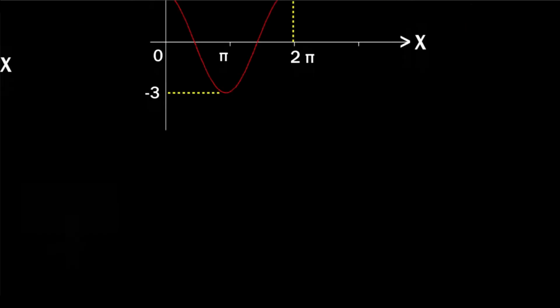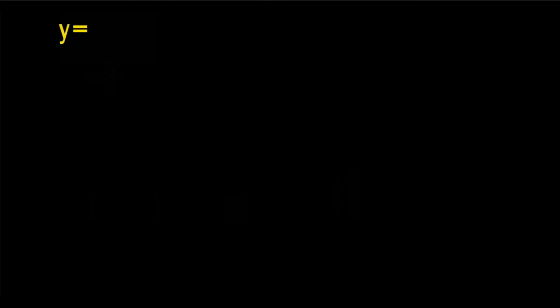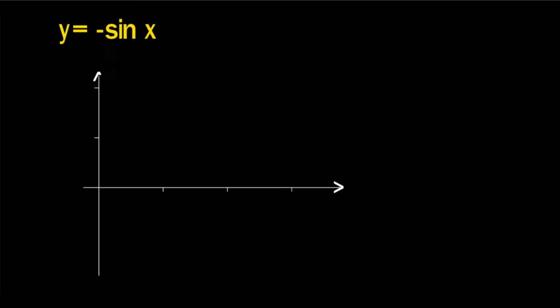So let's try some examples on how you can do negative functions. Let's say we have y equal to negative sine x. Before we draw the actual graph for this, we can draw out the sine x graph first.